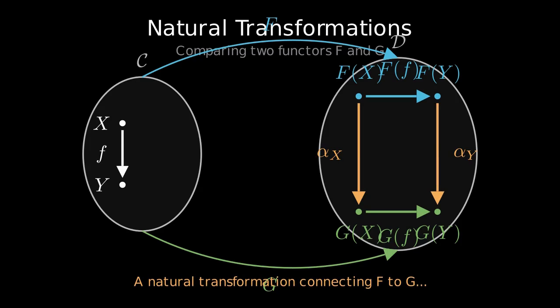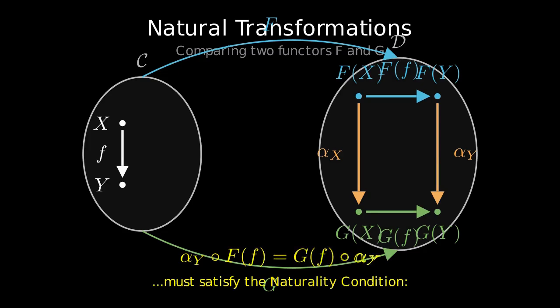A natural transformation alpha x and alpha y connects these two functors. And we call this square in the destination category a naturality square, and this is basically the naturality condition.